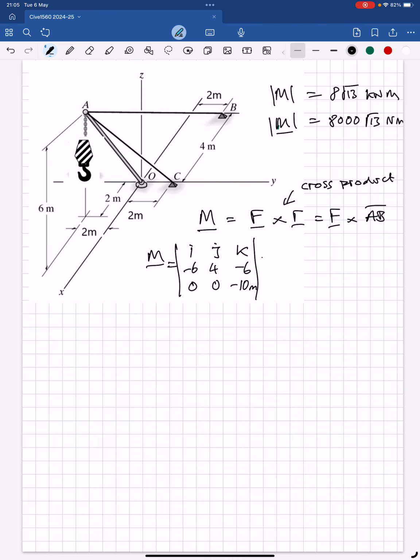And we can expand that. i times the determinant of 4, minus 6, 0, minus 10.